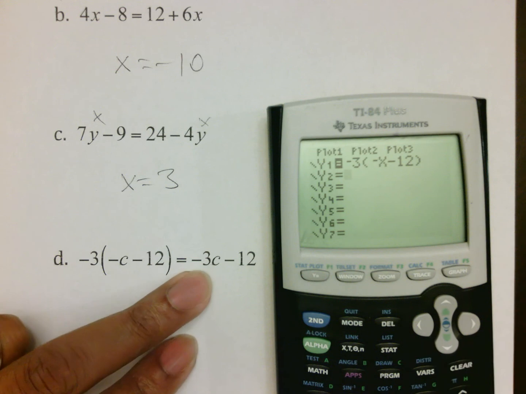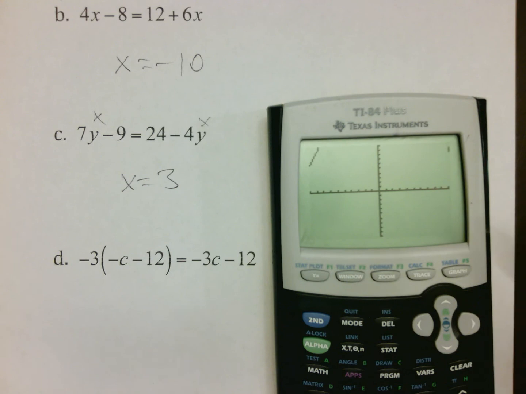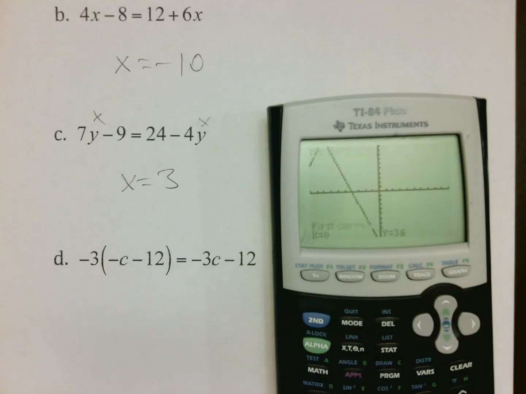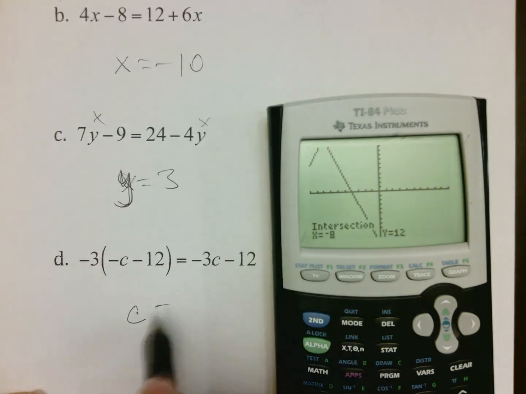Go over here, we have negative 3x minus 12. We graph them out. Wait for this thing to stop working. Once it stops working, we hit second trace, select option 5, hit enter 3 times, and we find out our answer is C. Sorry, this should have been y up here. But C equals negative 8.